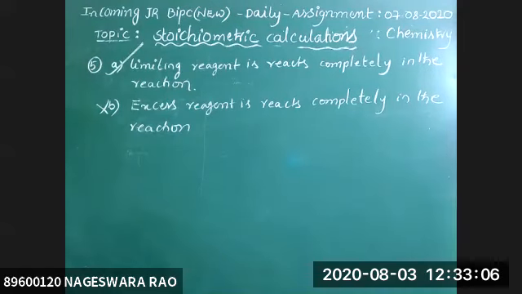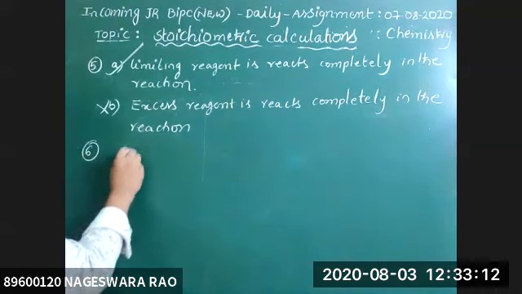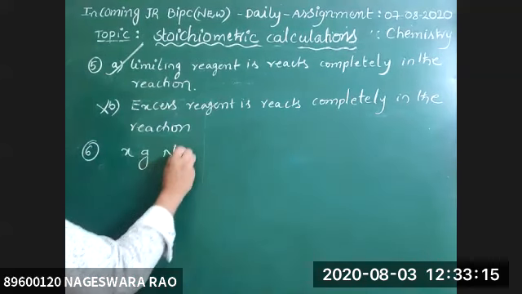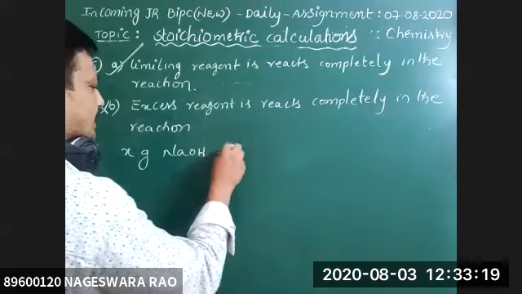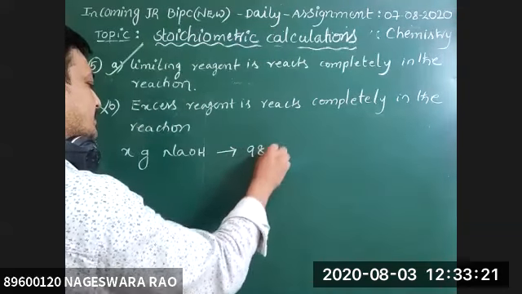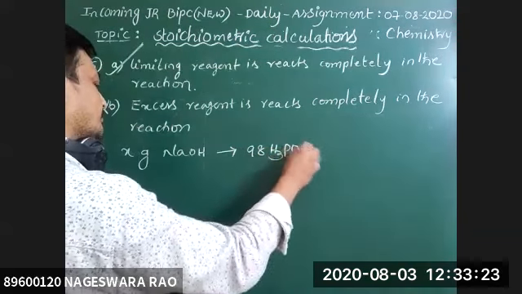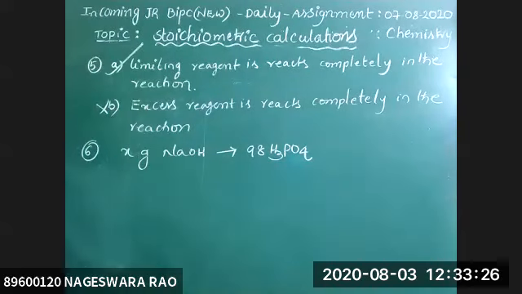X grams of NaOH is required to completely neutralize 98 grams of H3PO4. What is the question, students?